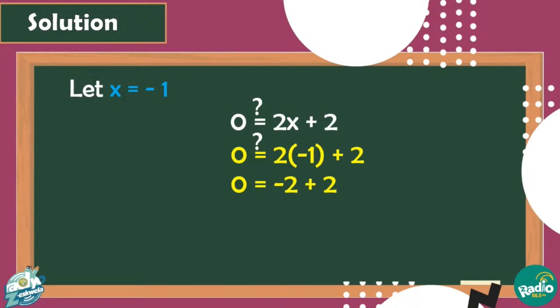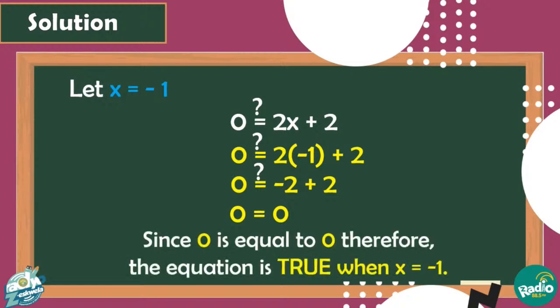By simplifying, the equation becomes 0 is equal to -2 plus 2. And by operating, we got 0 is equal to 0. Since 0 is equal to 0, therefore the equation is true when x is equal to -1.